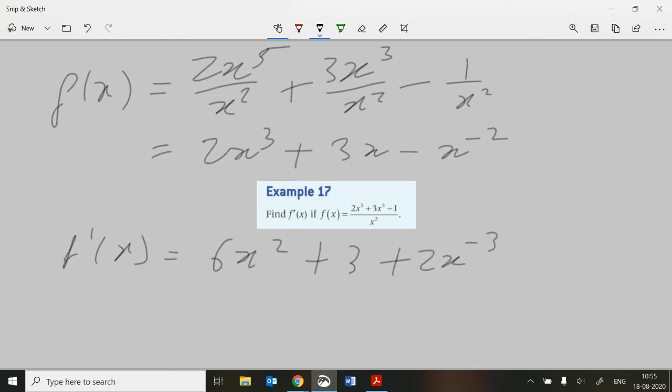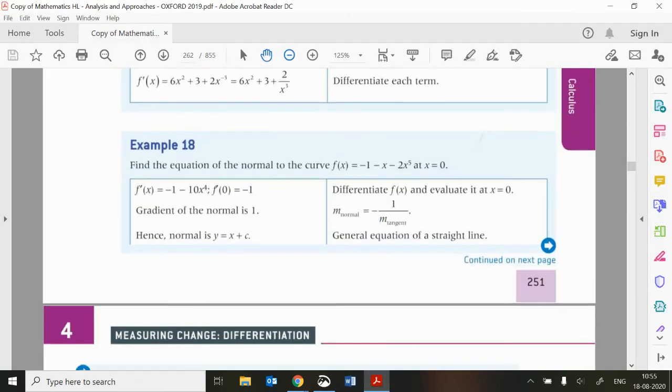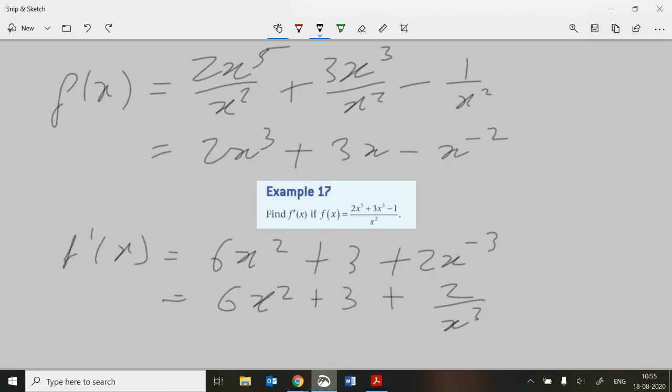And we're done there, but perhaps we should be consistent with the question, because the question is not using index form here, it's using a fractional form. So let's just say 6x squared plus 3 plus 2 over x to the power of 3. Obviously, the minus 3 is only applying on the x, not on the 2, so the 2 remains on the top. Okay, so there's that one. That's example 17. And for example 18, let's check this one out.